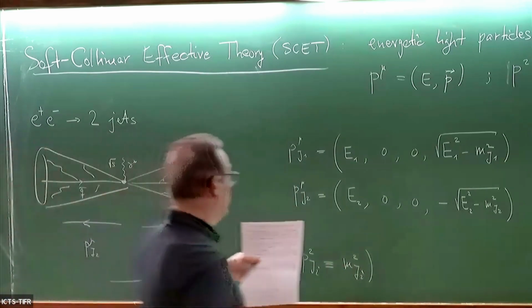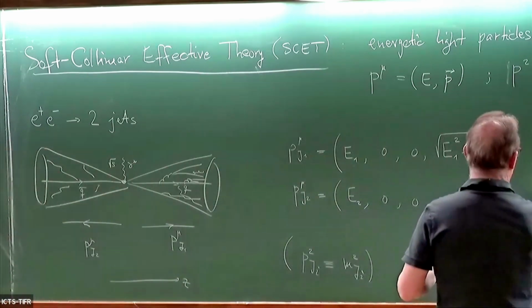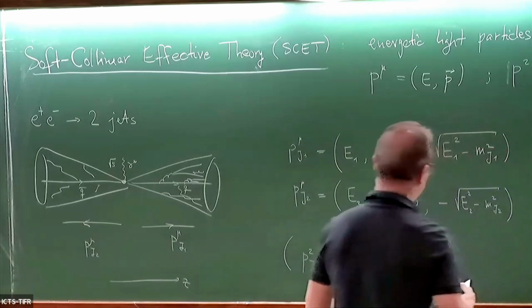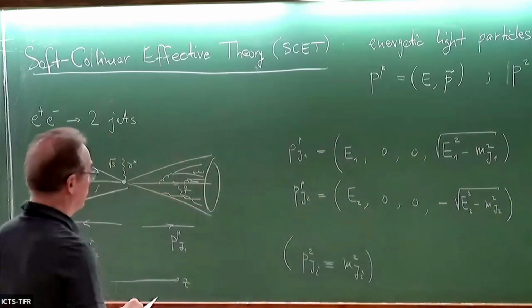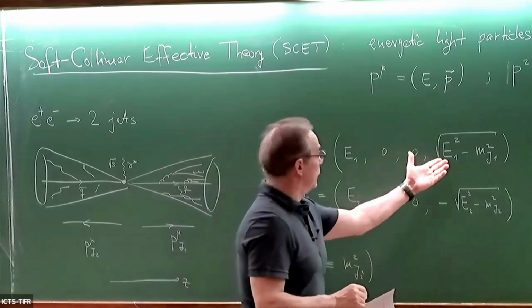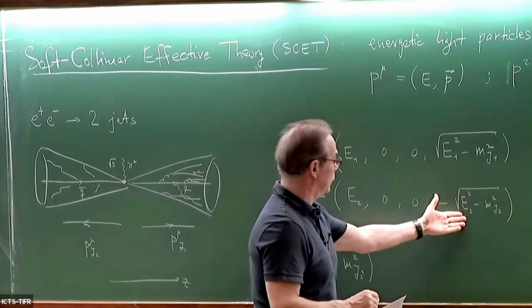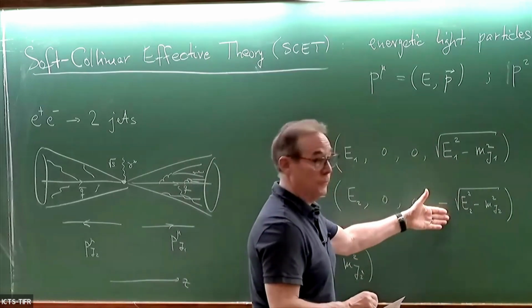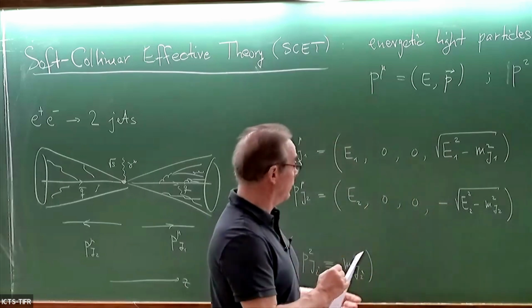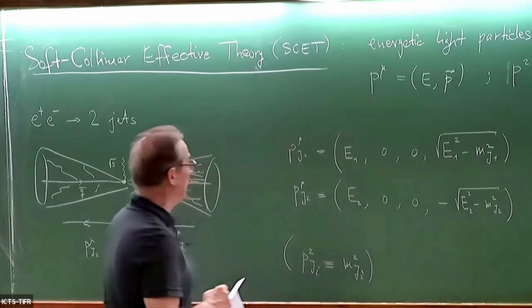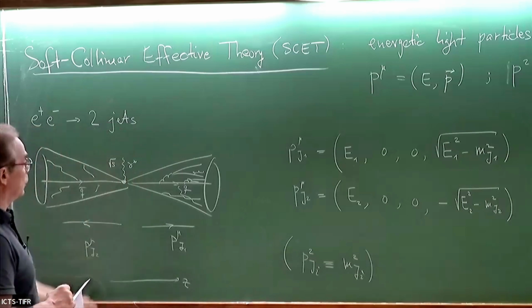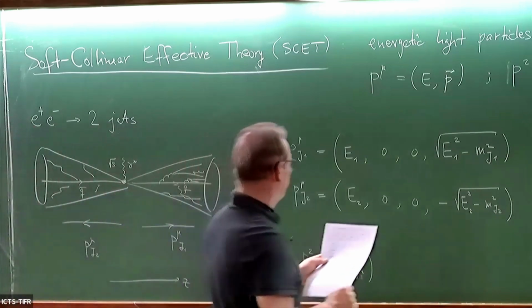Now, moreover, of course, we have momentum conservation, so this quantity is equal to this quantity up to a sign, so the total momentum is 0, and the two energies add up to give the total energy, which is square root of s, the center of mass energy.